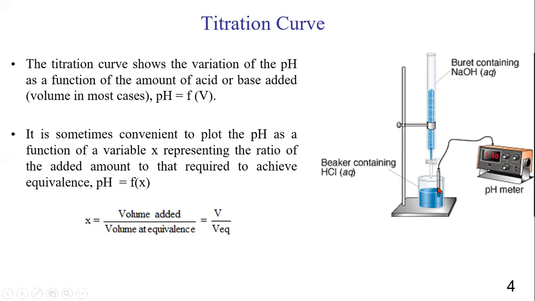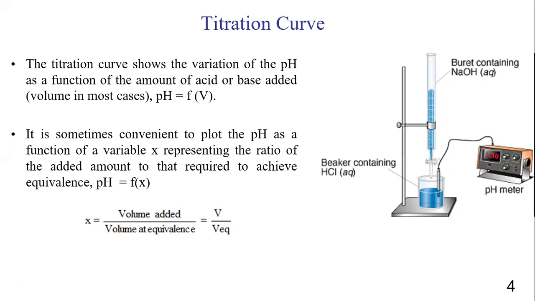Now, once my electrode is in, every time I dropwise add the OH- to the HCl inside my beaker, the pH will change. Of course, the pH will be low initially due to the only acid in my solution, and then the pH will start to increase as I add more and more OH-.